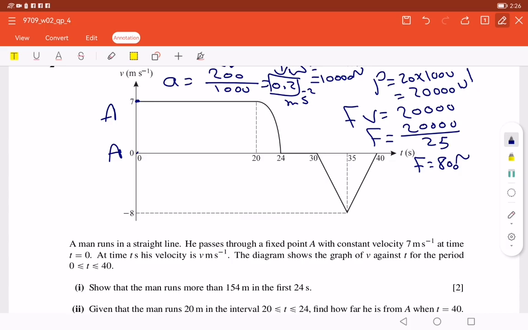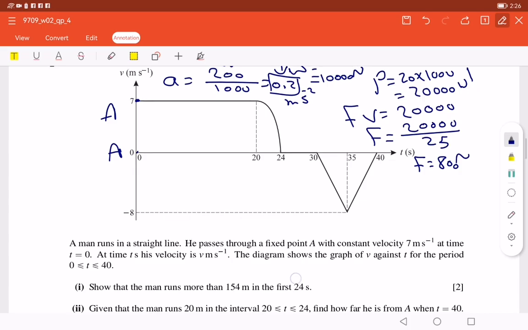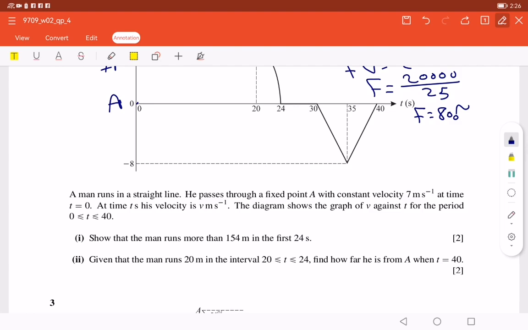The diagram shows the graph of v against t for the period from t equals 0 to 40. The first item shows that the man runs more than 154 meters in the first 24 seconds.